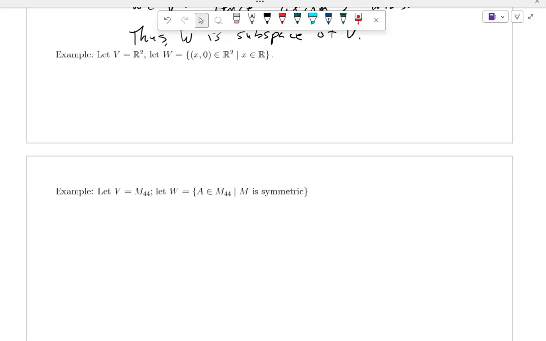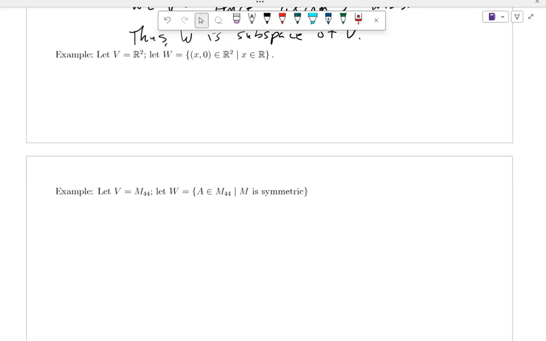Graphically, what is that? Which specific line is it? It's the x-axis, right? The y is 0. So I'm just saying here that what we're going to show is the x-axis is a subspace, basically, right?